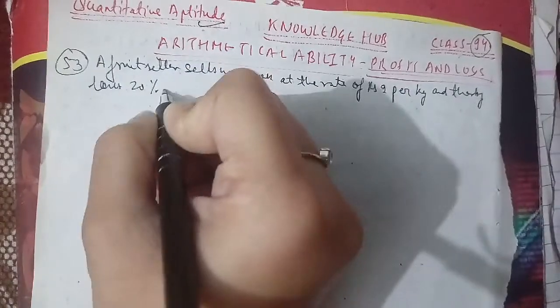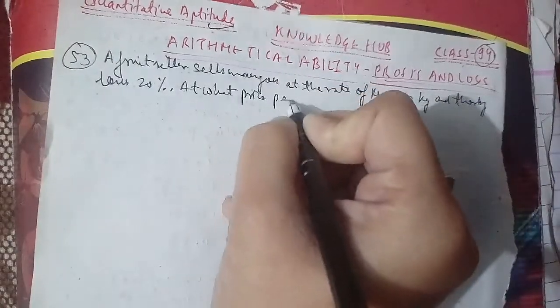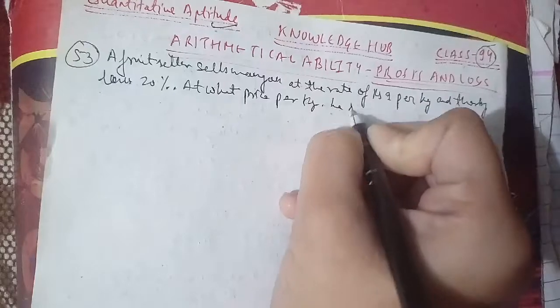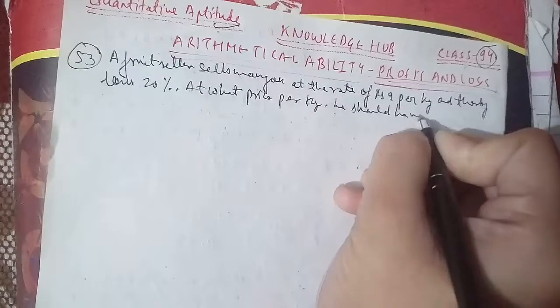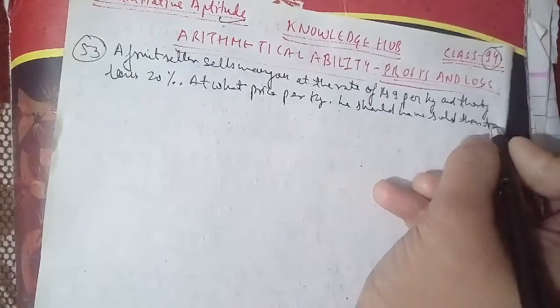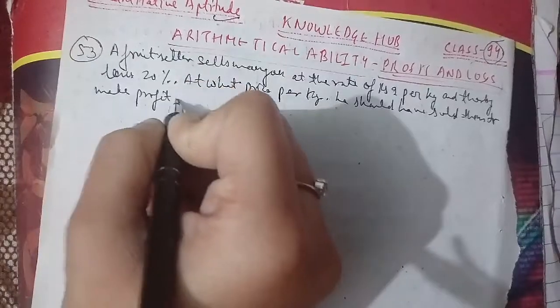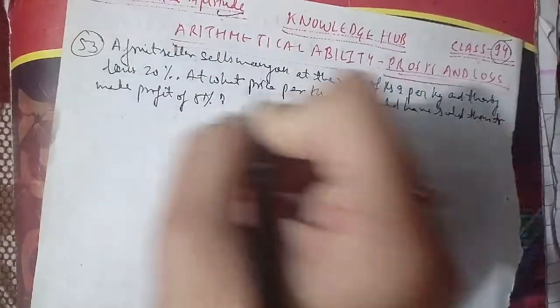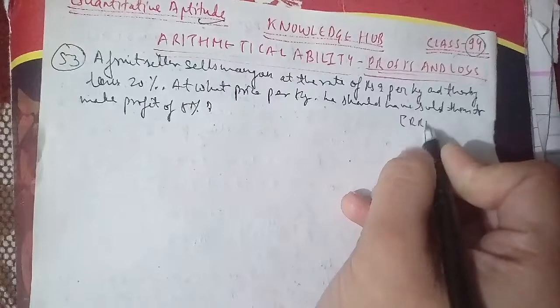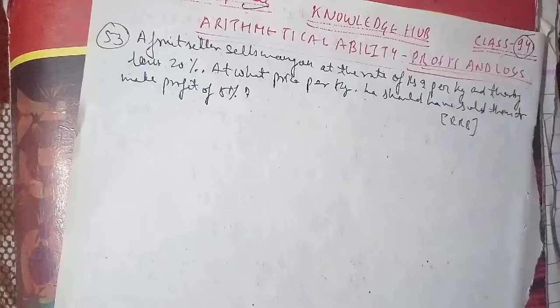At what price per kg should he have sold them to make a profit of 5%? That has been asked in an RRB examination paper. So the options we have are 11.81, 12, 12.25 and 12.31. So we go ahead for the same.